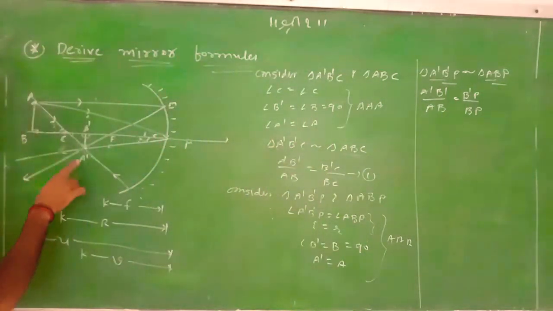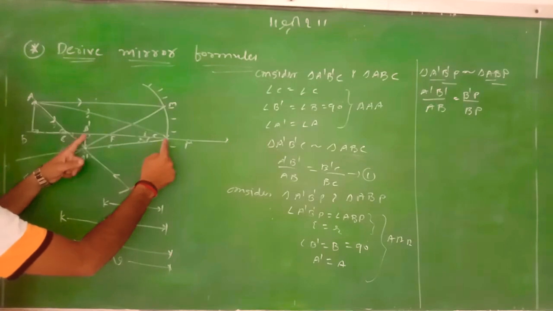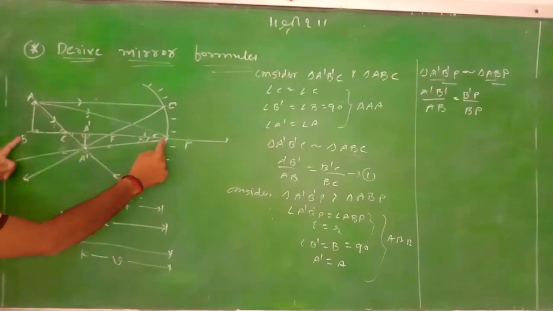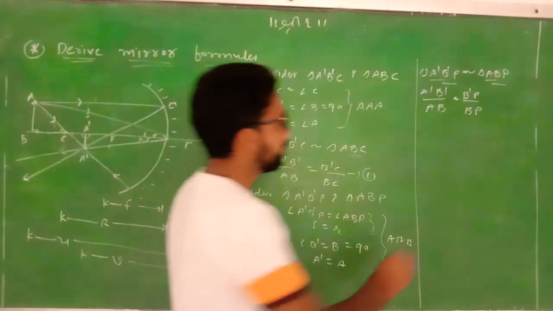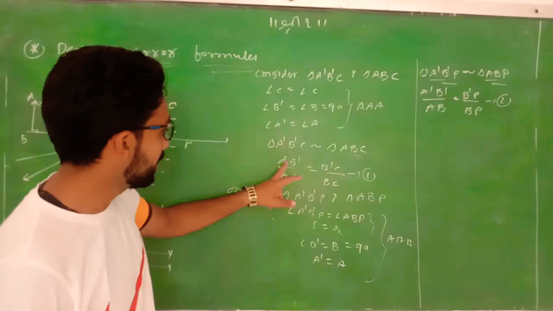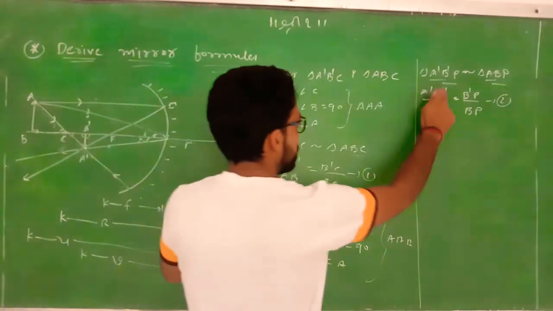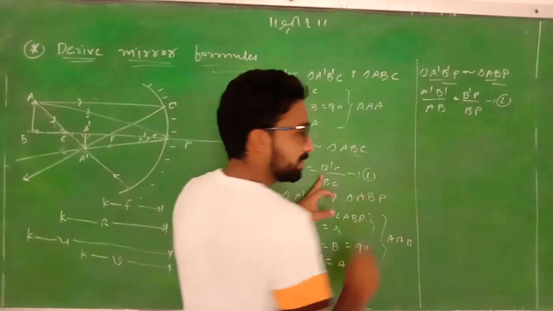From the figure you can see A'B' divided by AB is equal to B'B divided by BP for this triangle and this triangle. This is our equation number 2. From 1 and 2 you can see A'B' over AB, so the LHS is equal, so these two RHS are also equal.